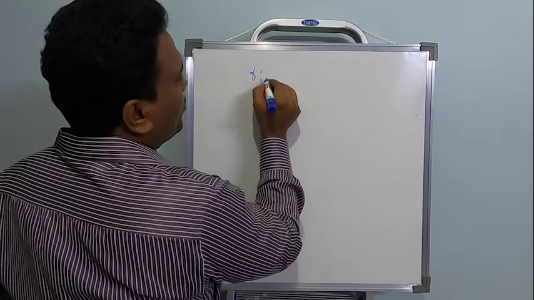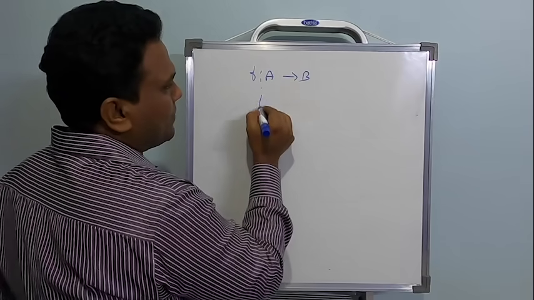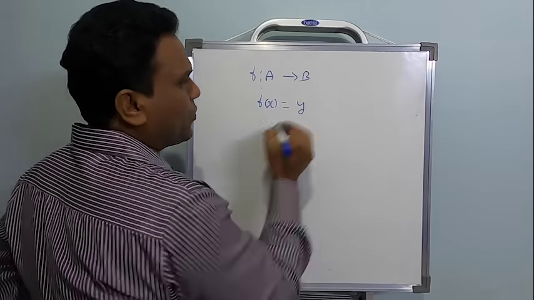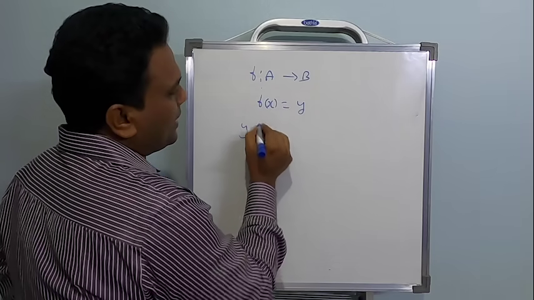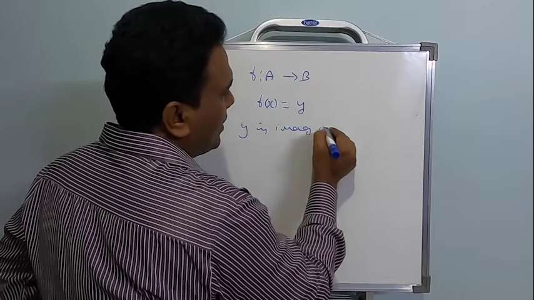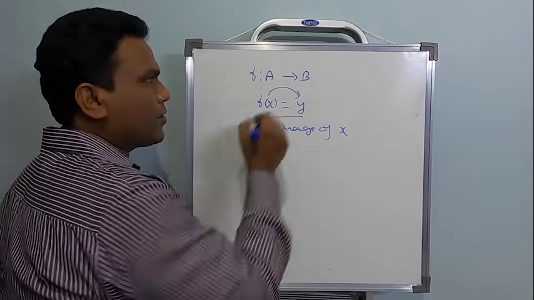Remember, we used to write f is a function from set A to set B. This is defined by f of x equal to y. Now how do you read this? You will read it as y is image of x. You are reading from here to here. Now what is the way from here to here?